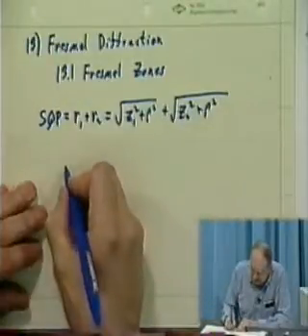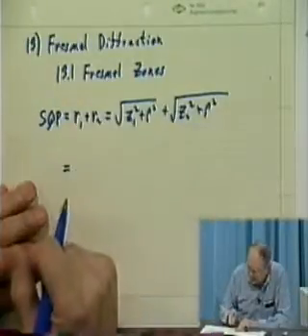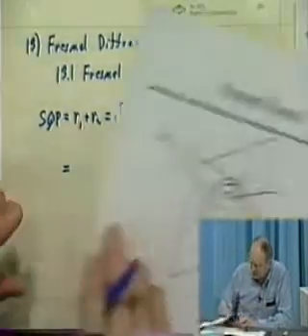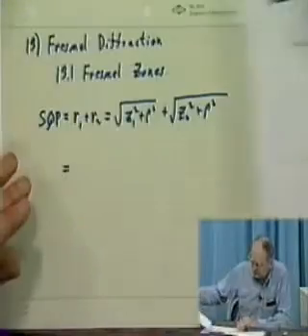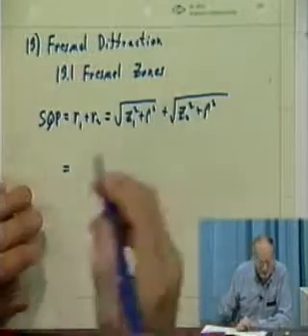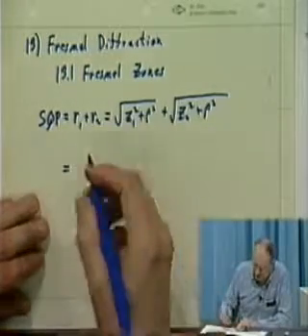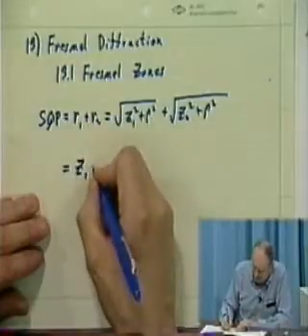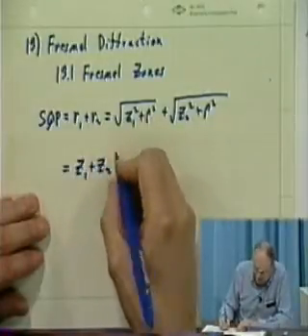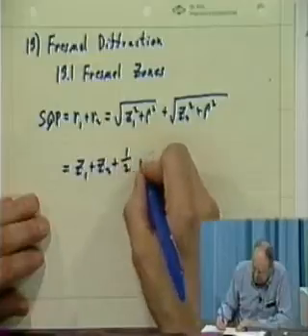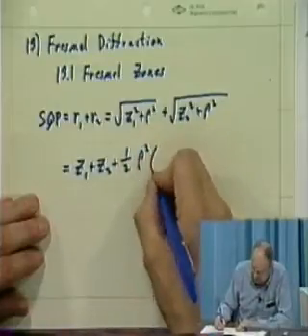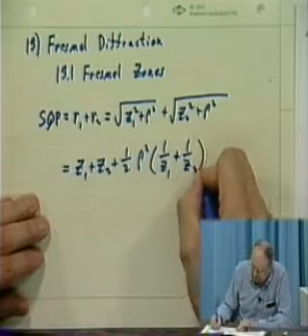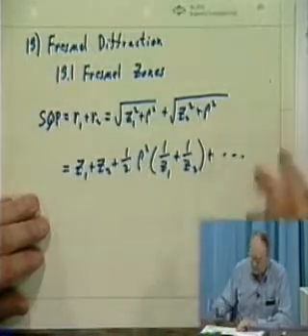Okay. And of course we're going to assume that we're far enough away and the region on here is small enough that we can approximate this the way we normally approximate spherical waves, as parabolic waves. So that's Z1 plus Z2 plus 1/2 rho squared times (1 over Z1 plus 1 over Z2), plus terms that we're going to forget about.